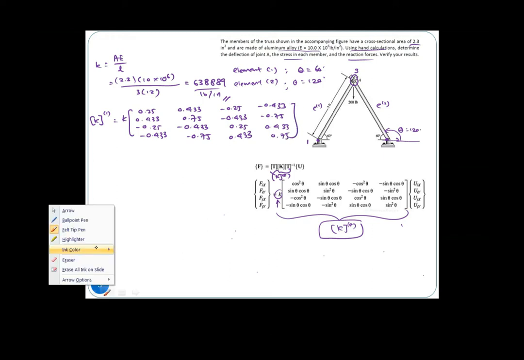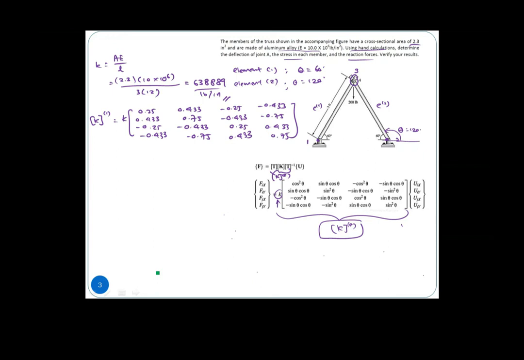This refers to U1x, U1y, U3x, U3y, the same as here, because it's not node 2.